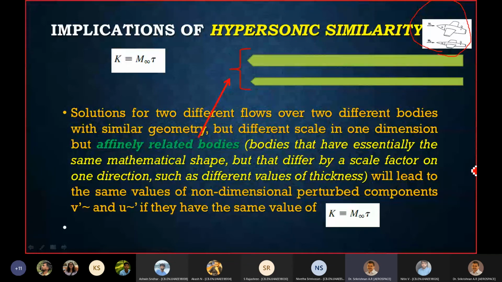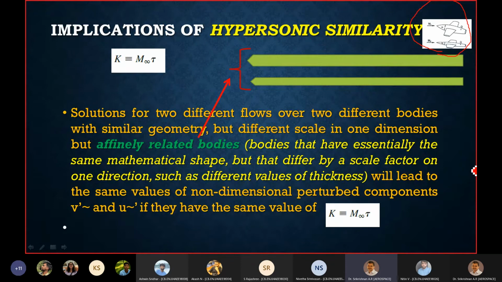Why do we say M infinity into tau is the same? Tau is different for the two bodies, right? D by L is different for the two bodies because of the difference in the transverse dimension. So you may have tau 1 and tau 2 for two bodies, and they are exposed to different Mach numbers.